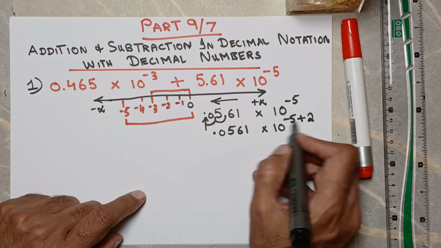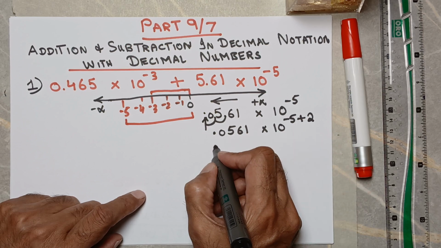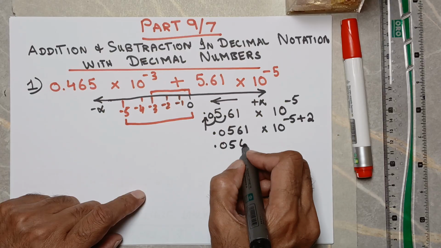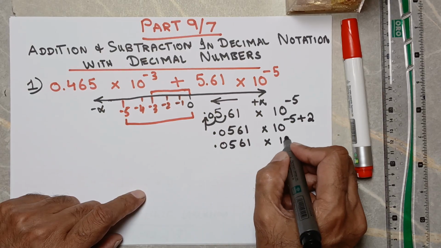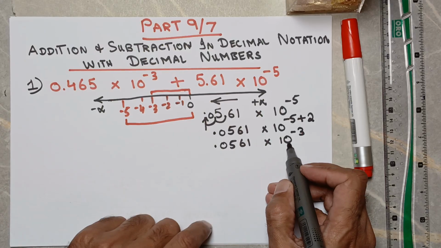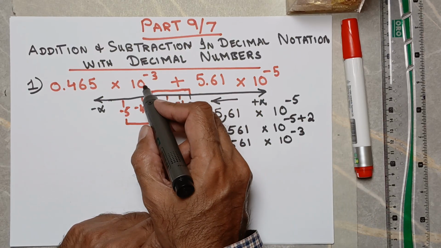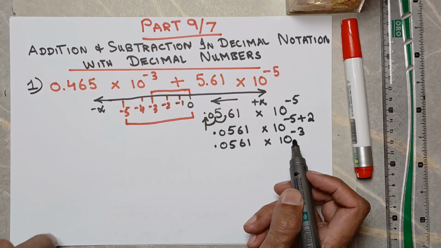After the process, what we will get is 0.0561 times 10 raised to the power minus 3. Now both the terms have equal exponents, 10 raised to the power minus 3.